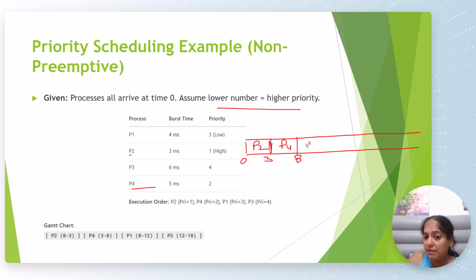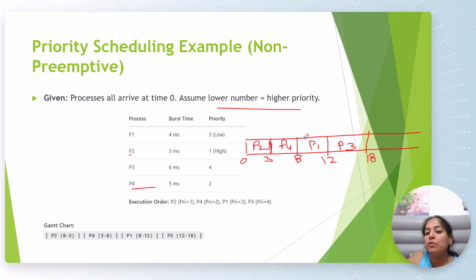Then process P1 will execute, so 8 plus 4, 12 milliseconds, and then process P3, which is 12 plus 6, 18.